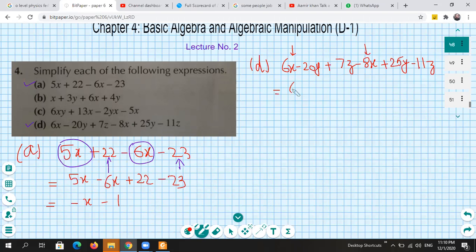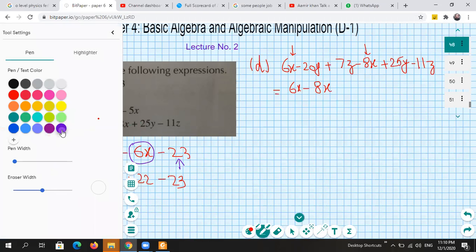I'm separating them: 6x minus 8x, and then minus 20y plus 25y, and then plus 7z minus 11z.